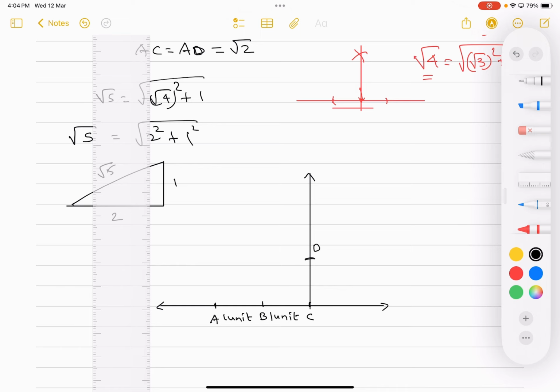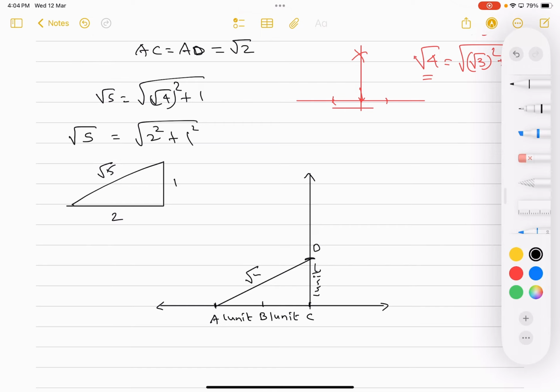This is your D. Connect A to D. So this is your 1 unit, and this is root 5. Now this arc you have to bring down and make it E. So AD, which is equal to AE, is equal to root 5. This is how you have to complete it.